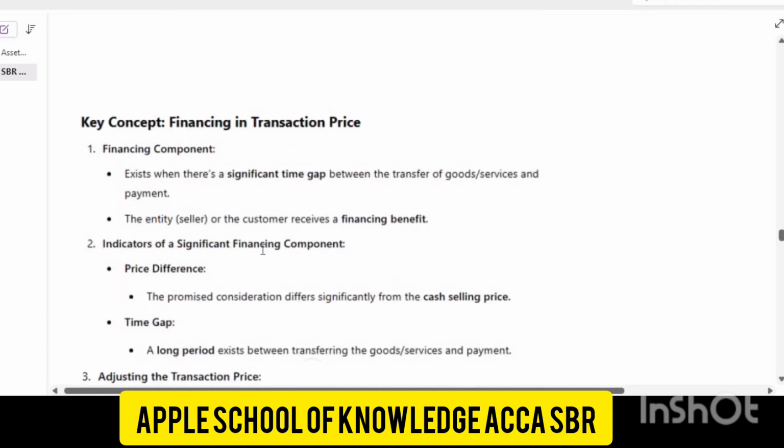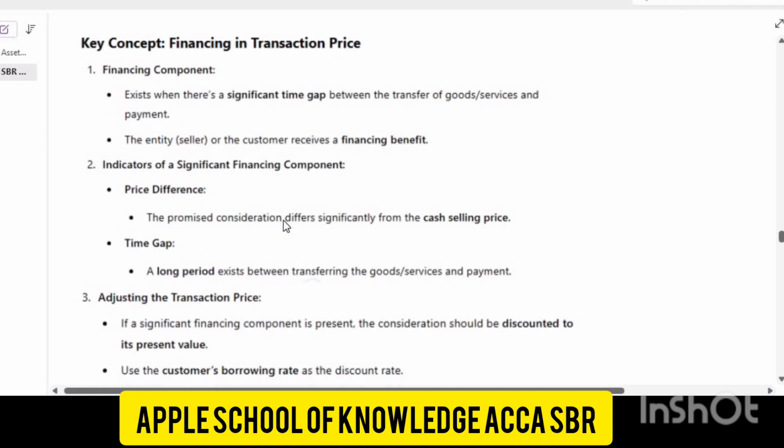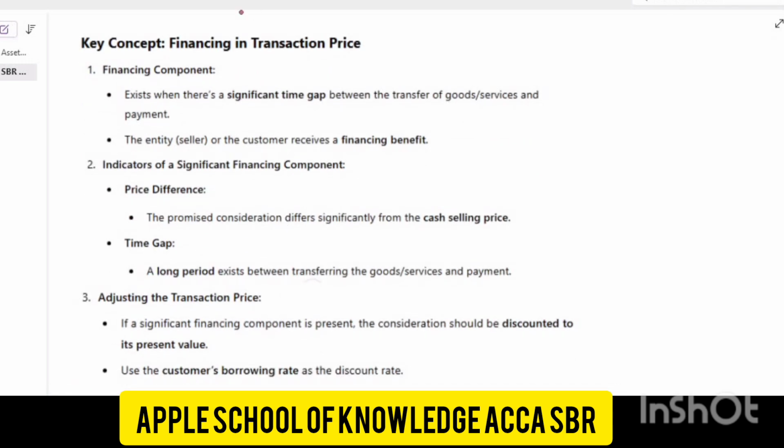Okay. Now here we have another concept which is also related to the transaction cost, that you have to count the transaction financing, that we call the financing component. Financing component and the transaction cost. So financing component exists when there is a significant time gap between the transfer of goods and services and payment.